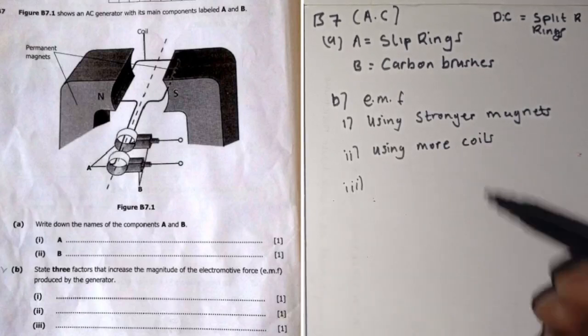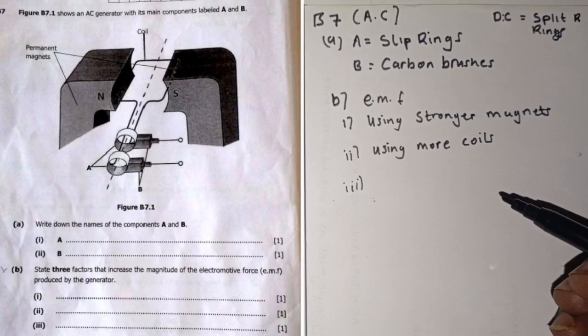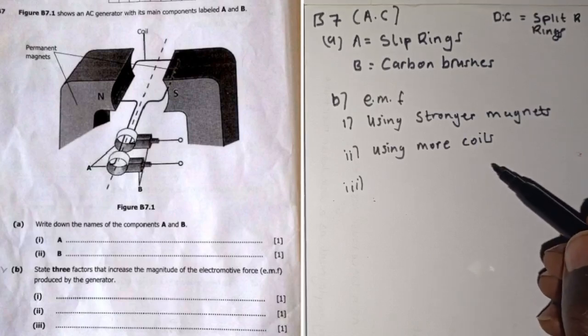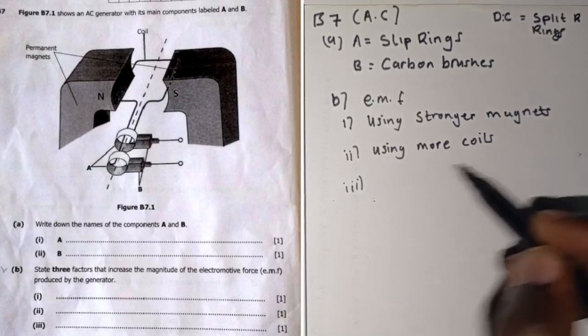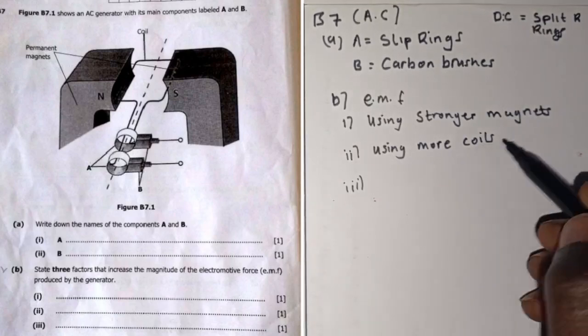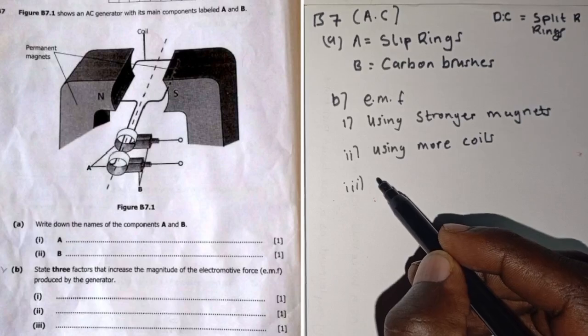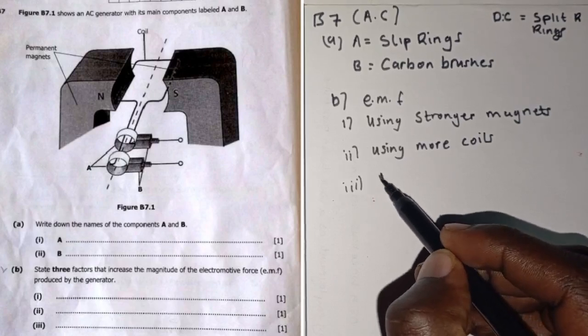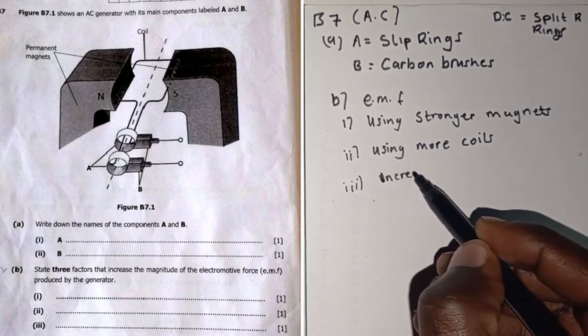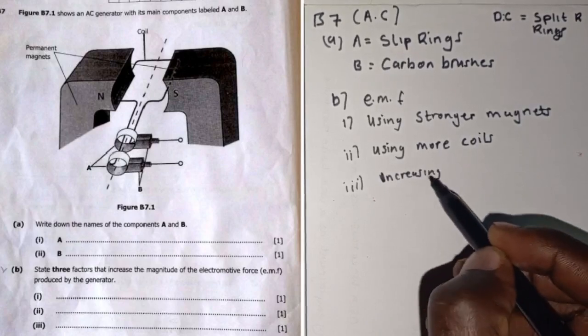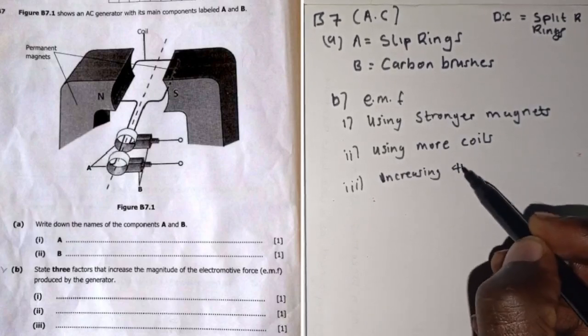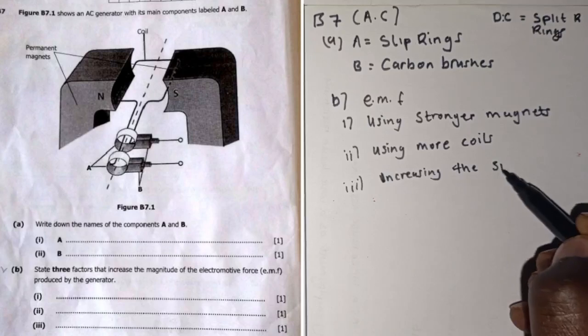Some will say increasing the number of turns of the core. Then the last one will be increasing the speed of rotation.